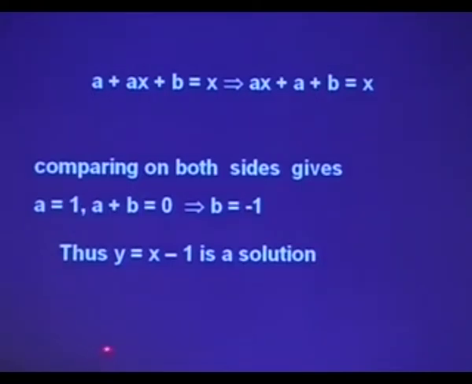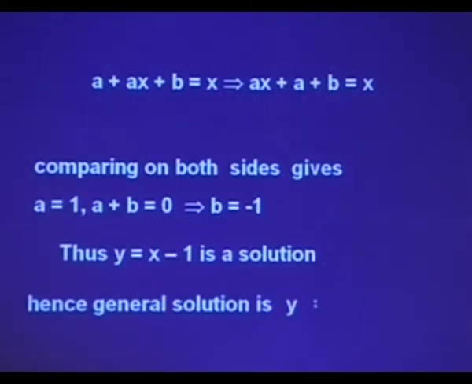So, what we do have is, if we put this function as the general solution, y is equal to c times e to the power minus x plus x minus 1. Now, we can experiment. If I find y dash, it would be minus c times e to the power minus x plus 1.